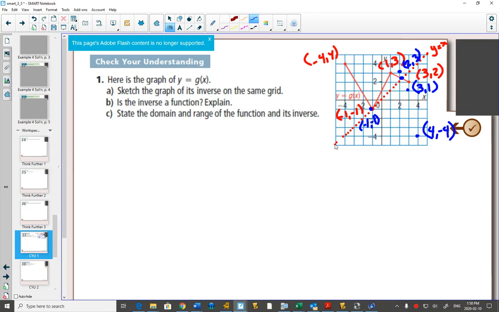Does it make sense that wherever your red graph crosses the diagonal line, the x and the y have to be the same? And if you switch them, nothing's going to happen.